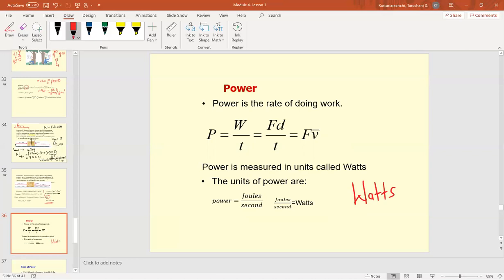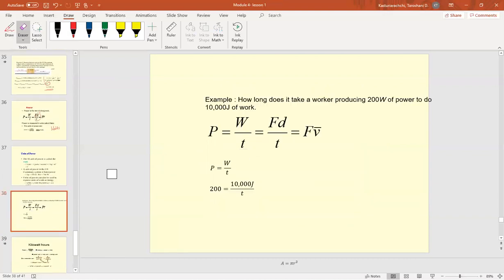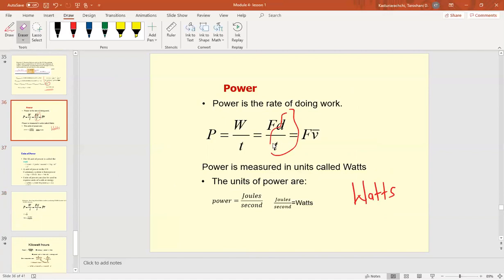Work done is force times displacement, so power is force times displacement over time.